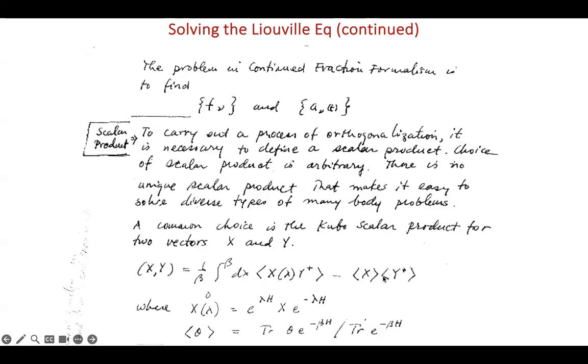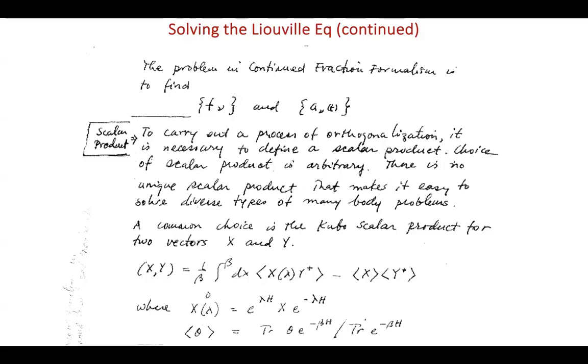And then minus x and y dagger individually ensemble averaged over the canonical ensemble only. x of lambda, in analogy to A of t, is like a lambda evolution instead of an it over h bar evolution of x.